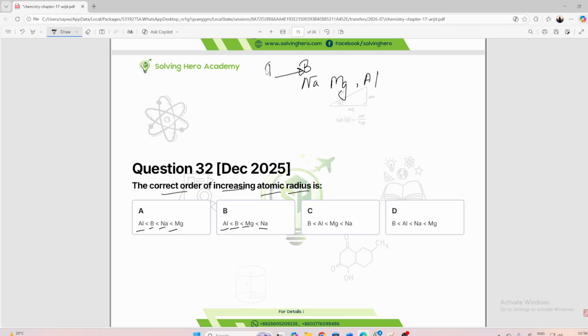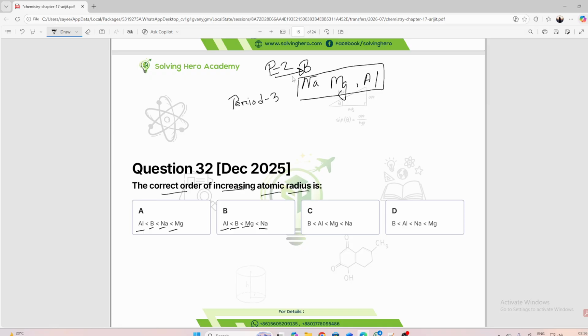Boron stays in period 2 and these all are in period 3. So these are period 3 and this is period 2. How will you arrange them in the correct order?